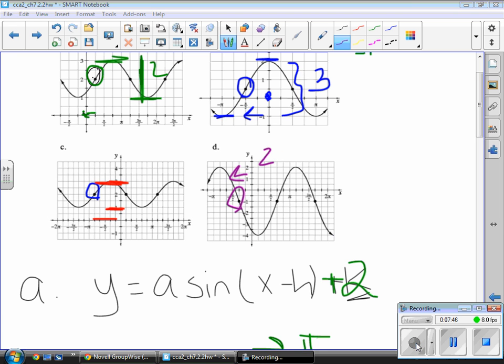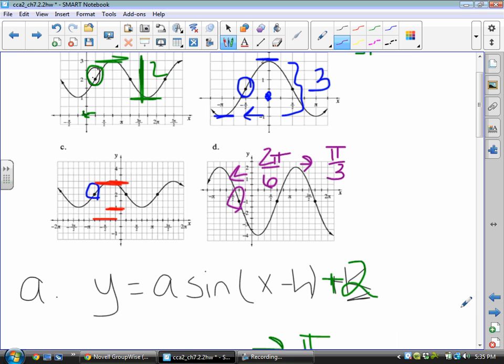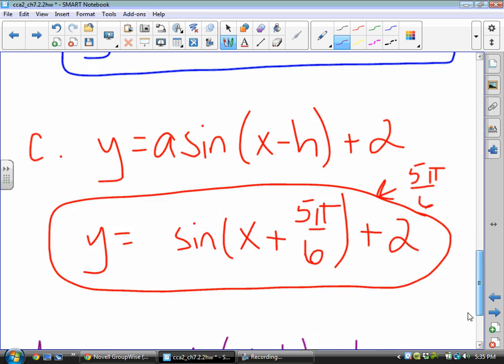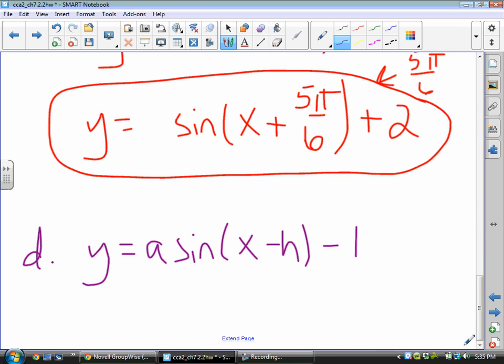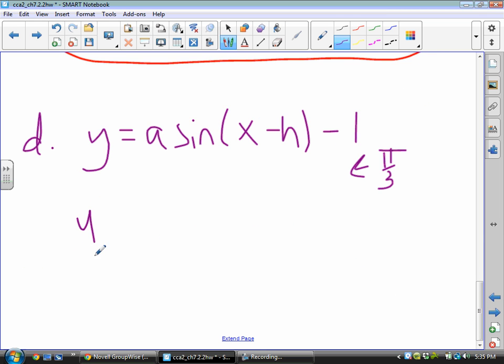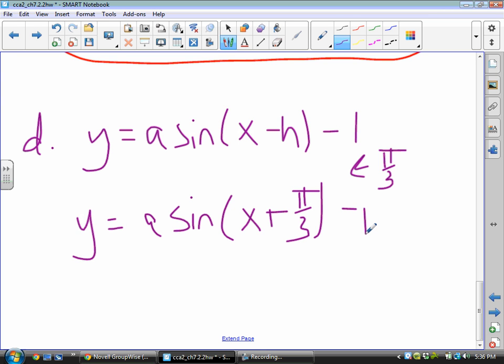So this is 2 pi over 6, which I'm going to reduce to pi over 3. Alright, that's simplified. So it's to the left there. So let's figure this out. We move down here. It was to the left pi over 3 when I simplified it. So now I know y equals a sine of x, opposite of that, so plus pi over 3, and then minus that 1 on the end.